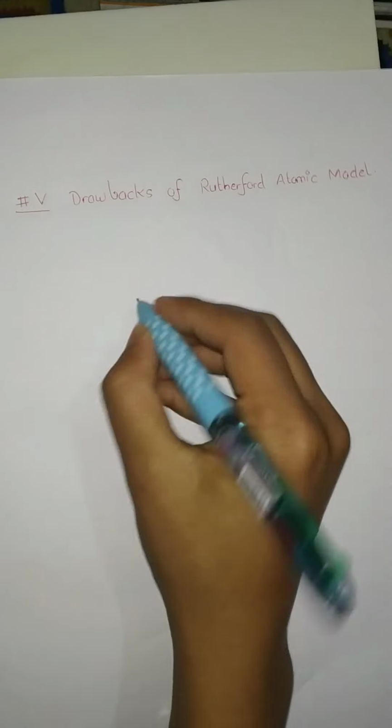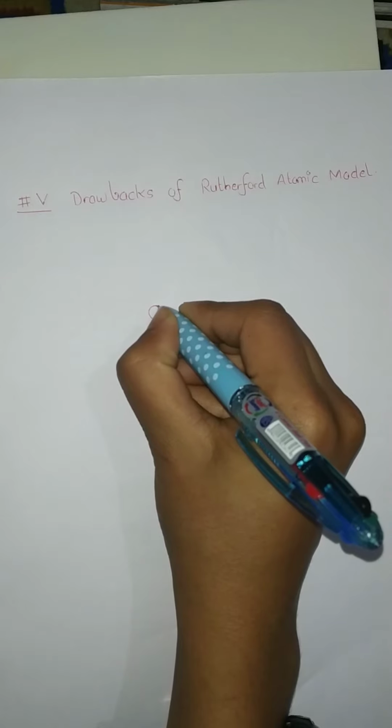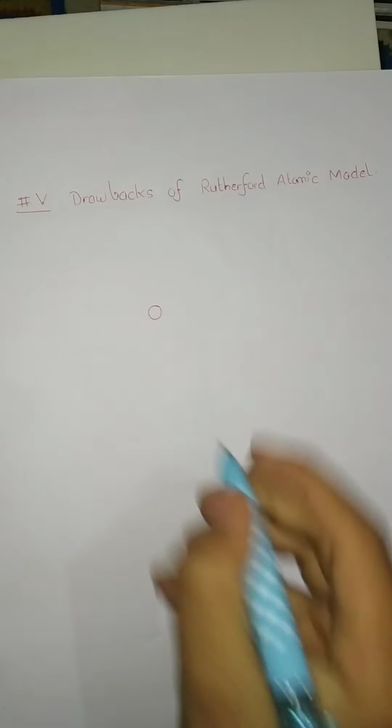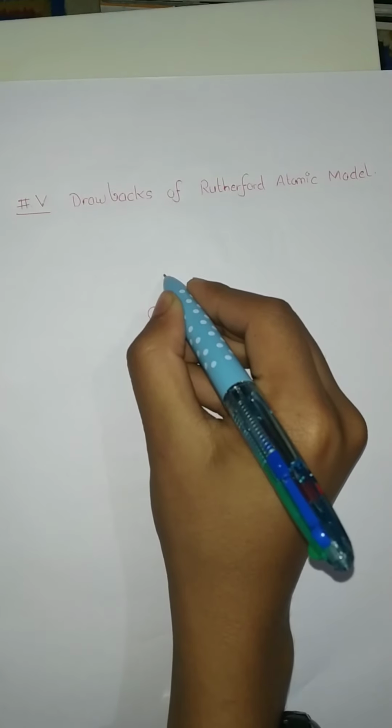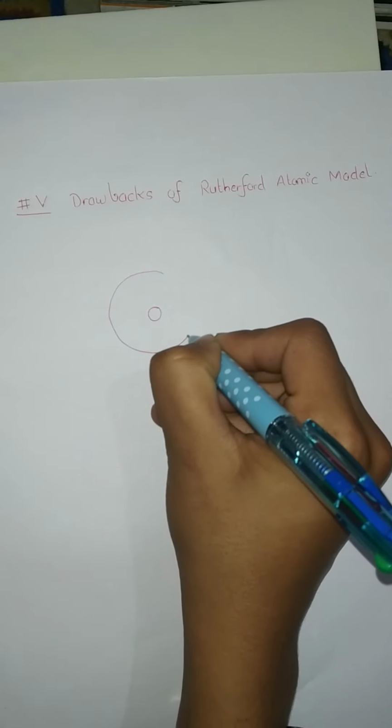What did Rutherford say? First of all, you need to know that Rutherford said that electrons orbit around the nucleus, and how does the force required for that come? Due to Coulomb's law, force of attraction. We know about that, right? According to Rutherford, the nucleus is the positively charged, heavy, mass-concentrated center, and the electrons revolve around the nucleus.